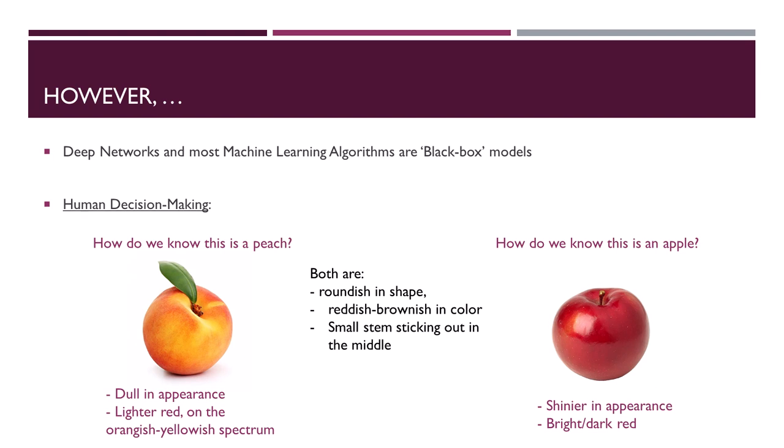They will probably also remember having a peach and an apple, and realize that one is softer than the other, and that one is a little bit sweeter. So humans draw on their experience and attributes like color, texture and taste to distinguish an apple from a peach.